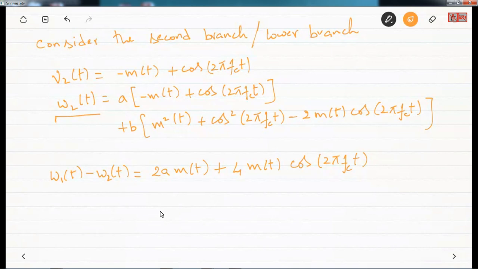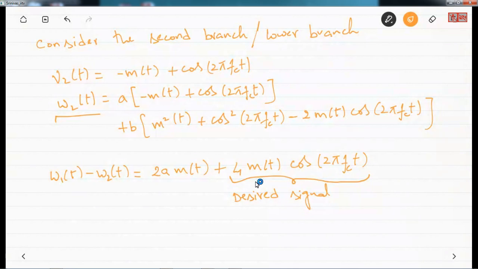Okay. See, this is our desired signal, right? What do we want? Do you remember? We wanted something like k multiplied by m of t multiplied by cos 2 pi fct, right?